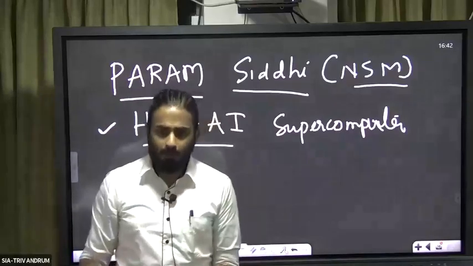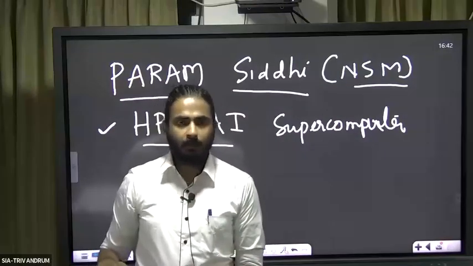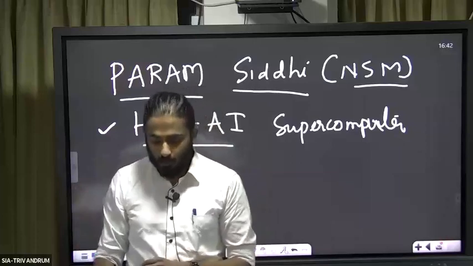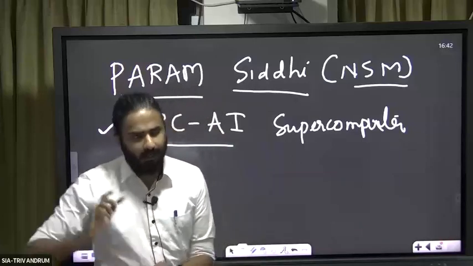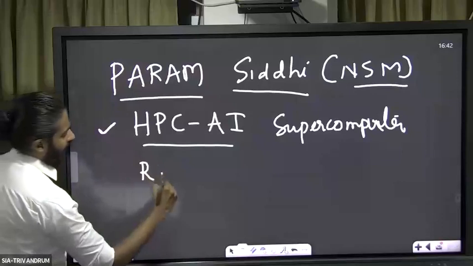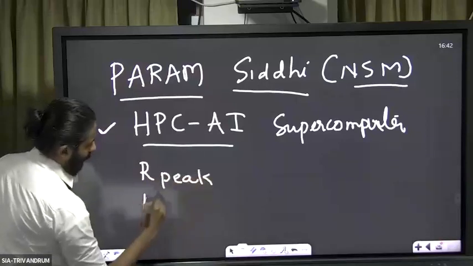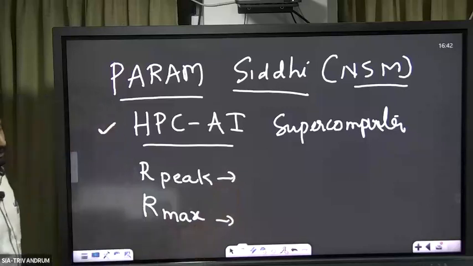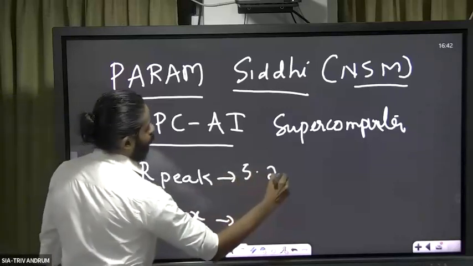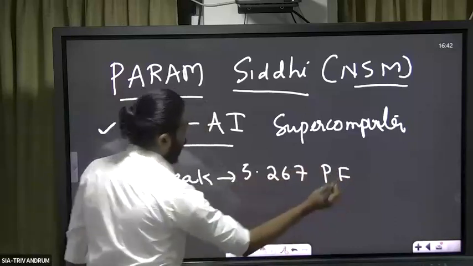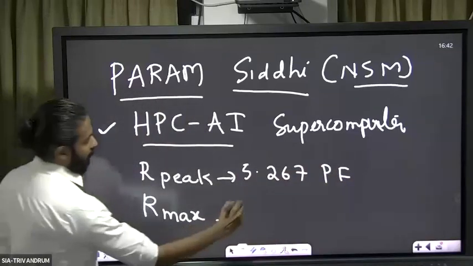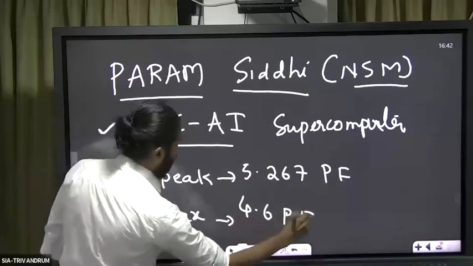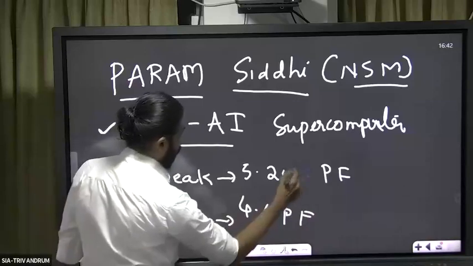Remember that, because we will compare it with the world's fastest system. For Param Siddhi, there are two speeds: R peak and R max. R peak is 5.26 petaflops and R max is 4.6 petaflops, or at least remember 5.2 petaflops.